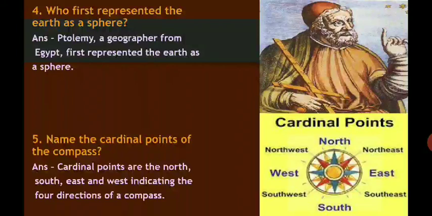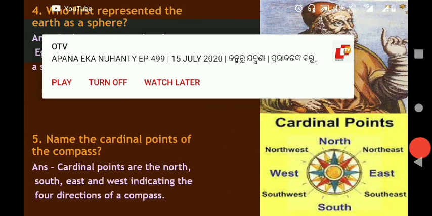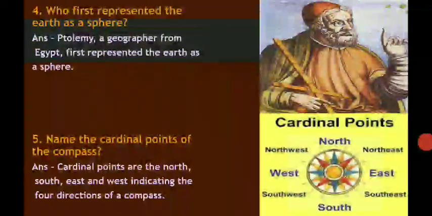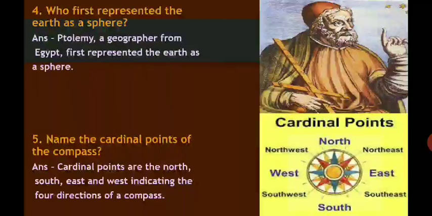And here in the pictures, northeast, southeast, southwest and northwest are also directions, but these are not the cardinal directions, these are the intermediate directions. So the question is about the cardinal points of the compass, that is north, south, east and west.